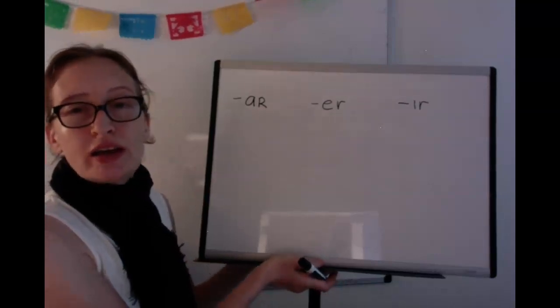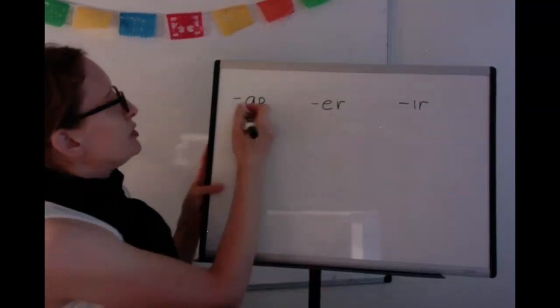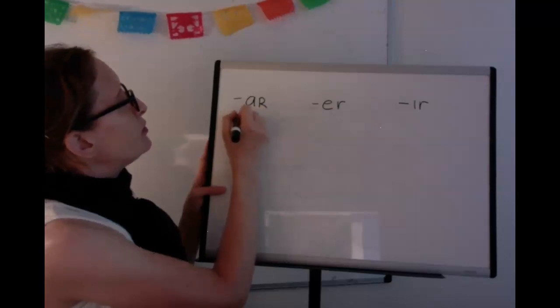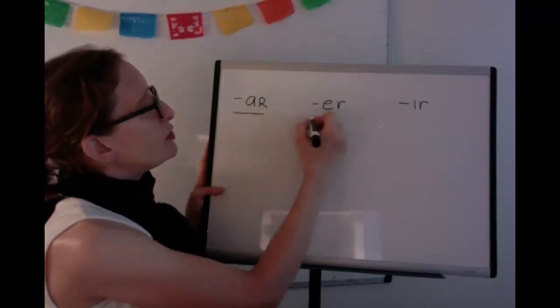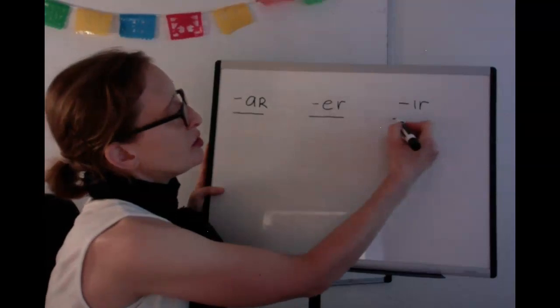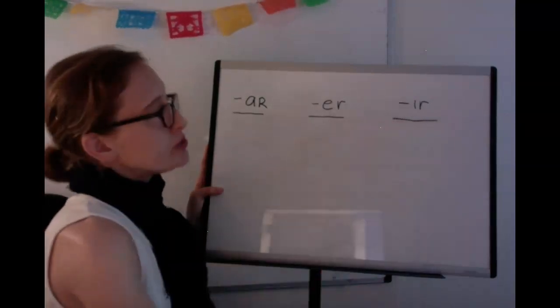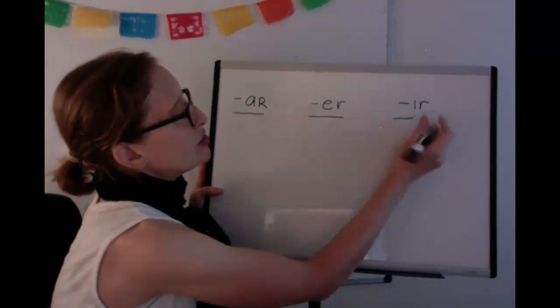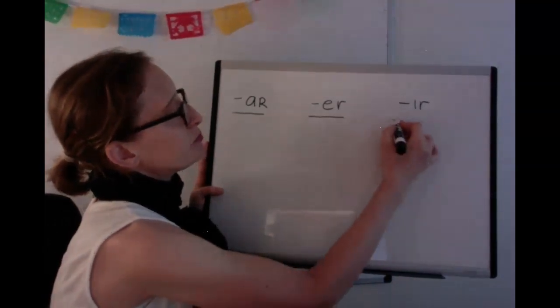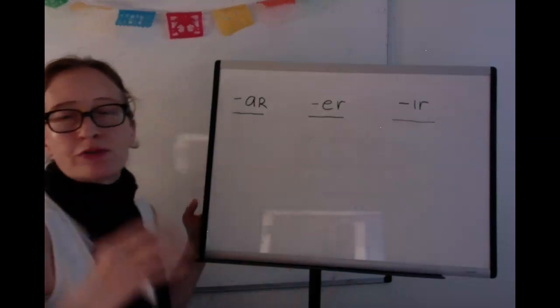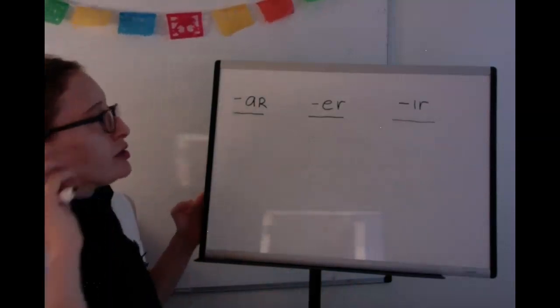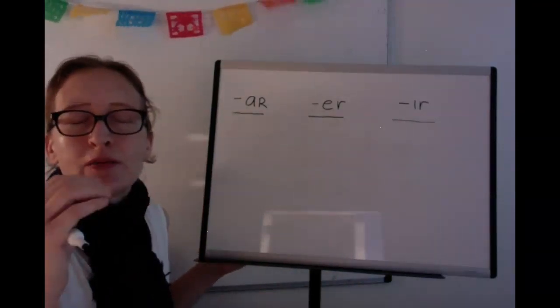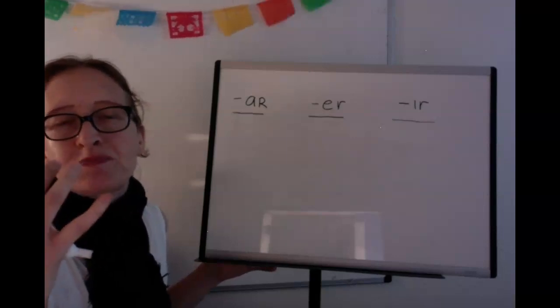Yo, tú, él, ella, usted, etc. Now, what we can do when we're just starting out with learning how to conjugate verbs, conjugate means to change a verb in some way to match the subject. When we're first learning how to conjugate, it's nice to learn what I call model verbs.